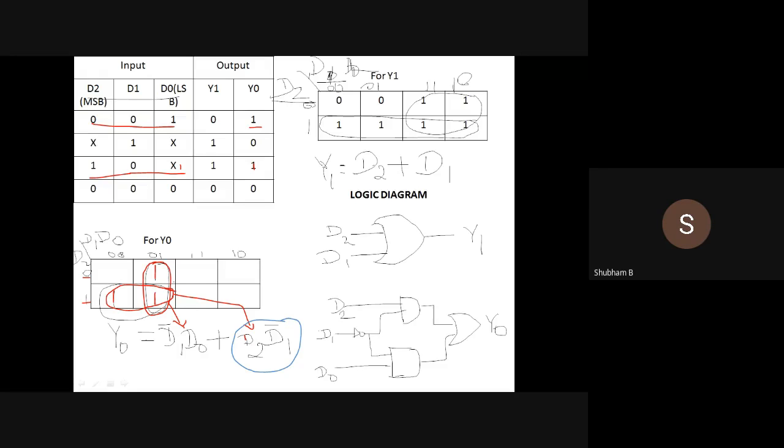Yes, ma'am. You have mapped this one, right? Yes, ma'am. See, here while taking this, इधर जब भी ले रहे हो ना, तुमने D naught D1 लिया होगा, देखो शुभम. Yes, ma'am, I'll check it. You have to take it as D1 D naught, same ना, D2 D1 D naught.